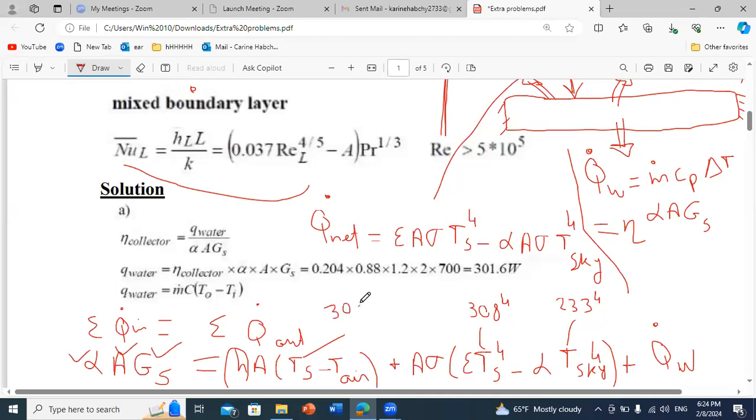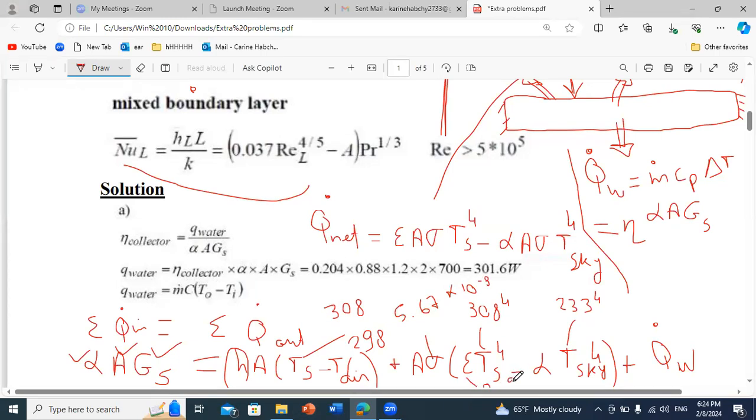The temperature of air is 25 degrees, so 298. The Boltzmann constant will be given for you. It is 5.67 times 10 to the minus 8. Epsilon is also given. It's equal to 0.9.